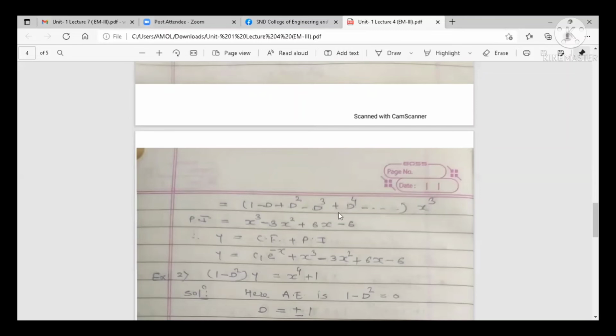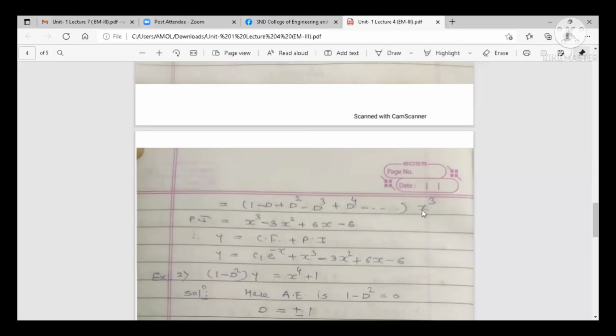Now, how many terms of D do we have to count here? See, the degree of this polynomial function is 3. So you will get only 3 non-zero derivatives of x cube. From the fourth derivative, you will get the value 0, because the first derivative of x cube is 3x square, the second derivative is 6x, the third derivative is 6, and the fourth derivative of x cube is 0.